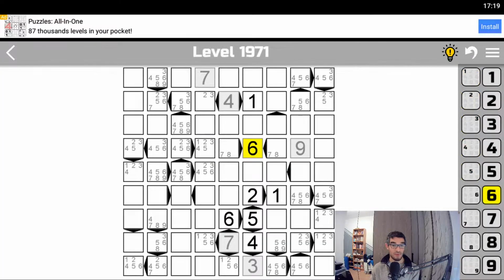And now because I also have a 6 here, I can remove the 6. Therefore, this can be a 5. 6 not here, so this can be a 5. So this one can be a 4. And I think that should be it, right? Yeah, it should be everything, because 5, 4, yeah.